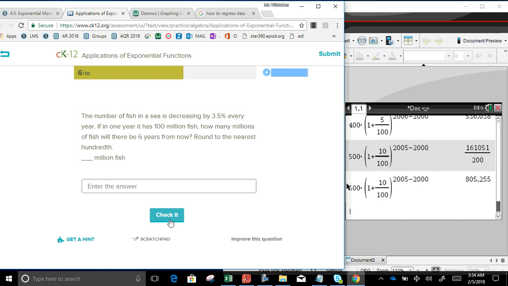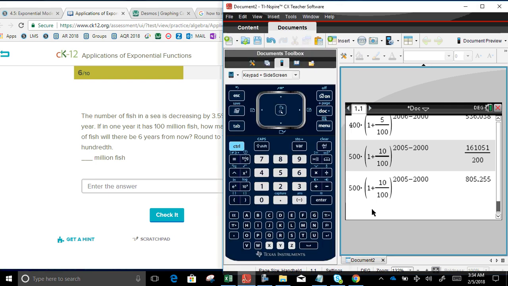And the number of fish in the sea is decreasing by 3.5% every year. So how many?